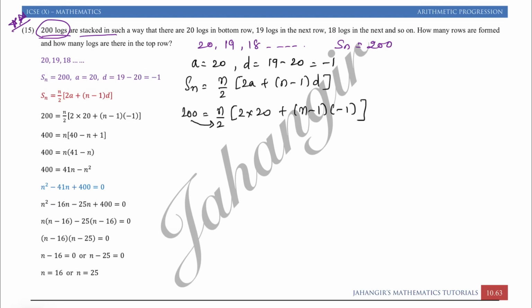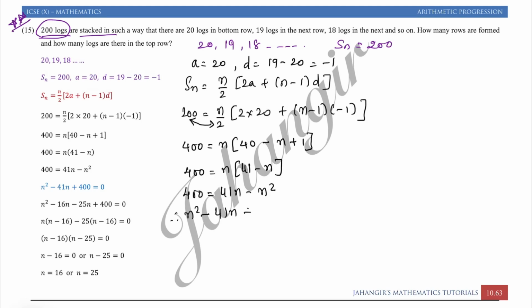We will multiply these two terms. 400 is equal to n into 40 minus n minus minus, plus 1. So you will get 400 is equal to n into 41 minus n. So you will get 400 is equal to 41n minus n square. Therefore n square minus 41n plus 400 is equal to 0.